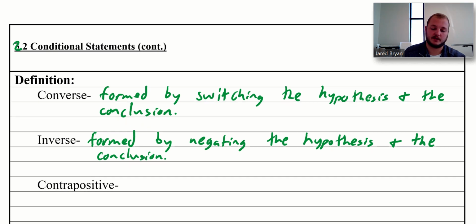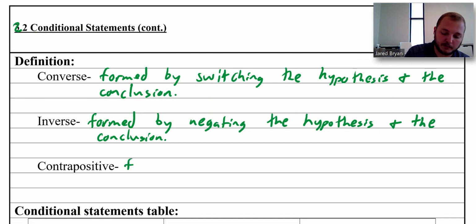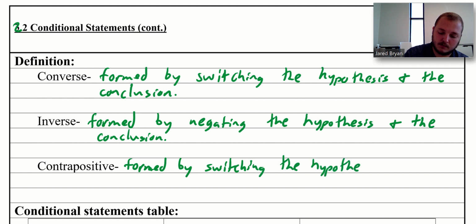So contrapositive is formed by switching the hypothesis and the conclusion.